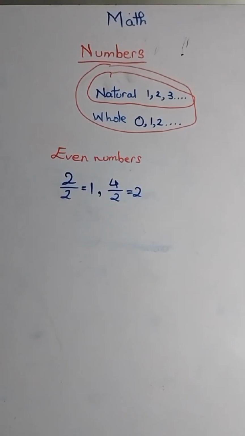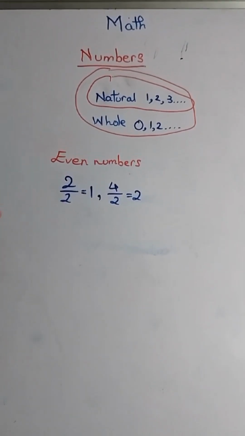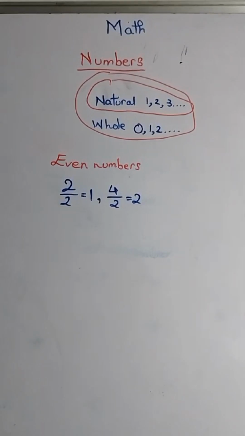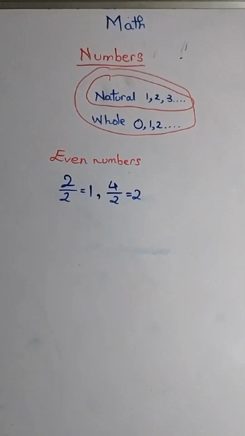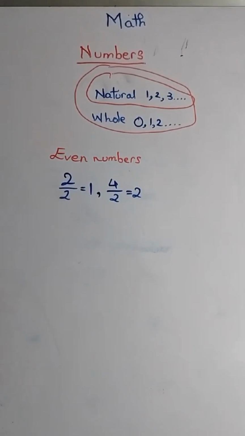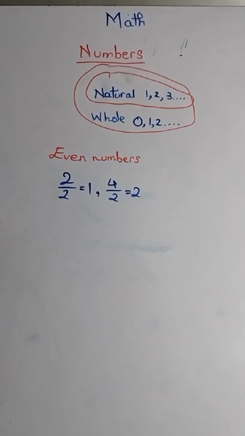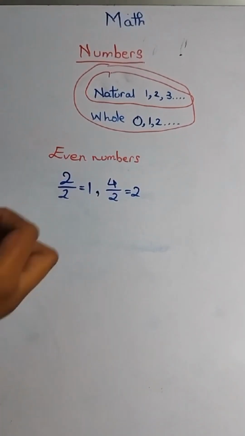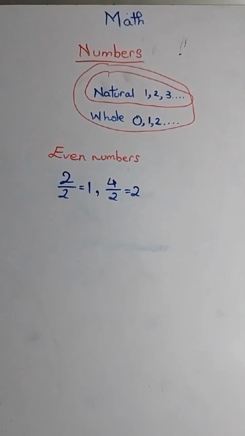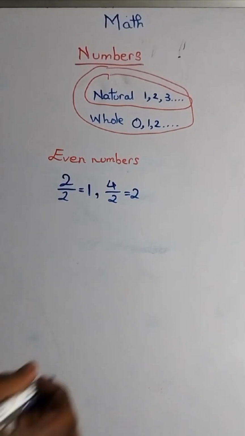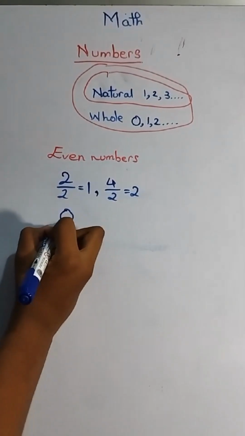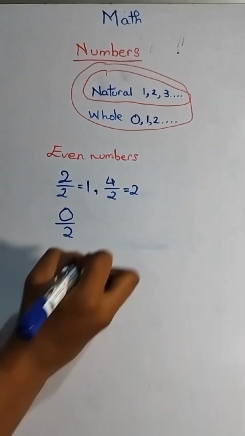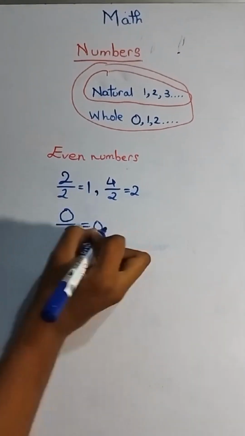As we talked about earlier in the video, whole numbers are the numbers which include natural numbers and 0, that is 0, 1, 2, 3, 4, etc. Therefore, as the answer is a whole number, it is considered to be an even number. Now, in some of your heads there might be a question: is 0 an even number? Yes, 0 is also an even number, as when we divide 0 by 2, we get an answer of 0.